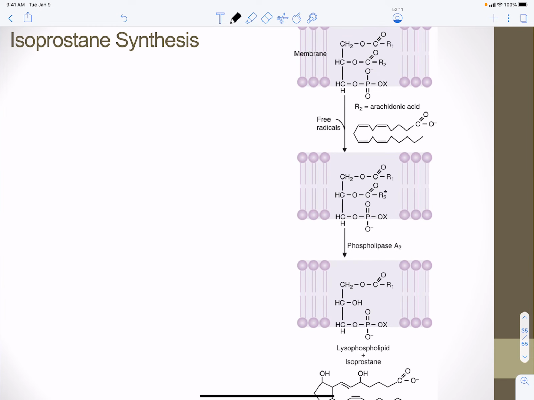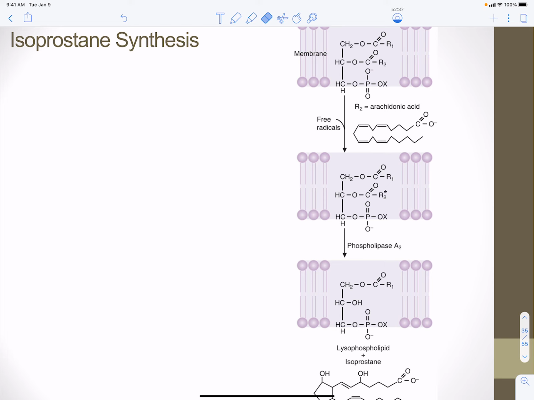Now, isoprostanes are going to be a byproduct of arachidonic metabolism, and it happens by lipid peroxidation initiated by free radicals. So this is not the cell trying to tap into arachidonic acid because it needs it to make icosanoids. These are free radicals doing damage to the lipids, and it's going to release arachidonic acid.